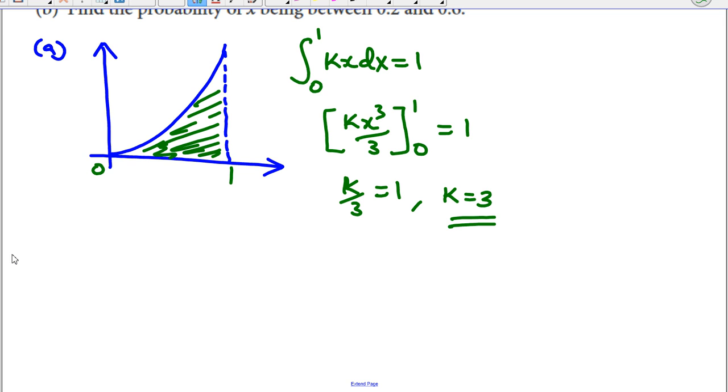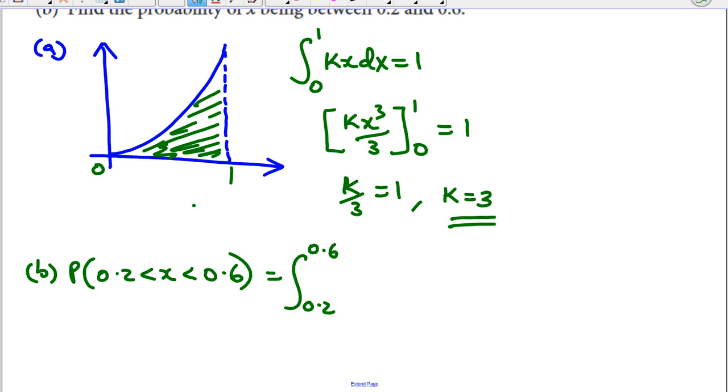So part b, x between 0.2 and 0.6 will be the area under the curve between 0.2 and 0.6. If I plug 3 into this, I'll end up with the integral of 3x squared dx.